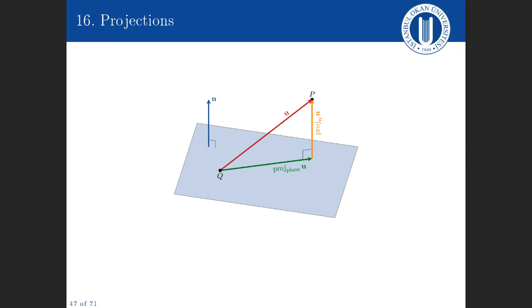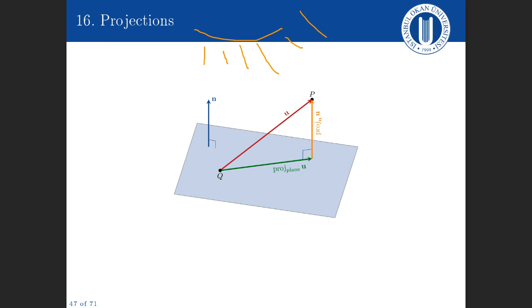So either we squash down, use a large force to squash the vector u down onto the plane, or think about this another way: we can imagine that there's a sun up here shining down, and we're looking for the shadow of the red vector onto the blue plane. We're trying to find the green vector.